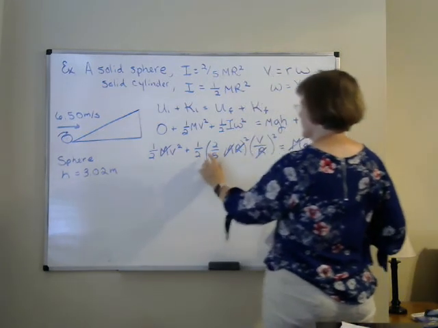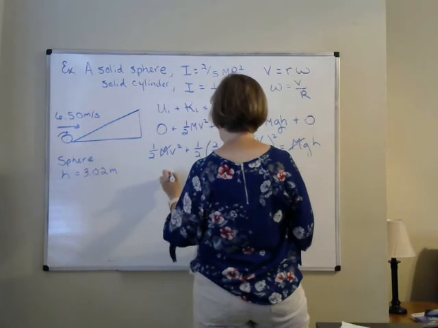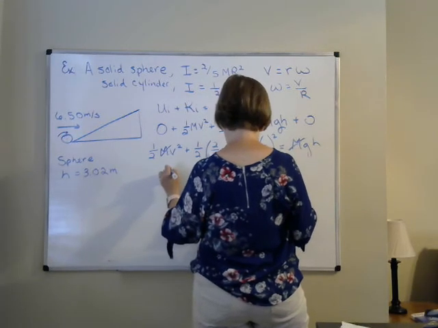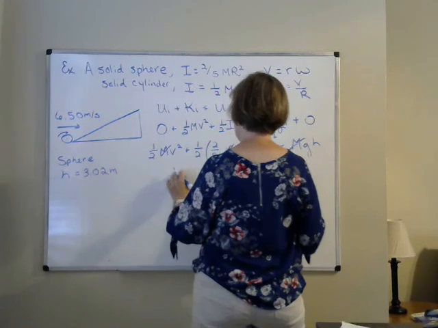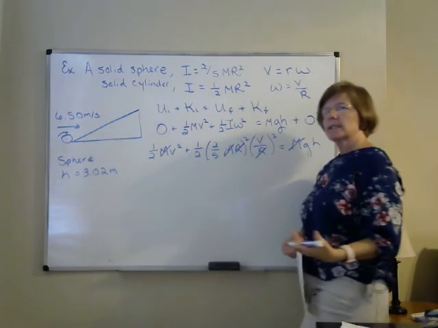1/2 V squared plus 1/5 V squared. This comes out to be 1/2 plus 1/5, that's 5/10 plus 2/10.